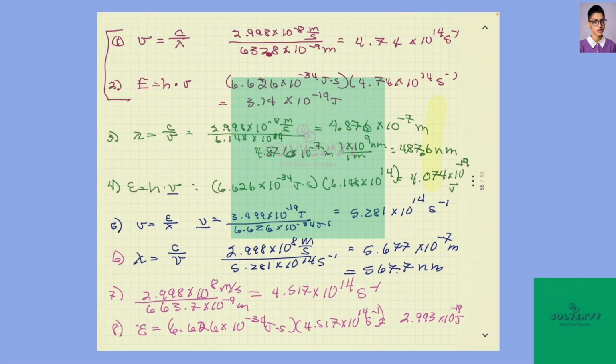Our frequency will be calculated by taking the speed of light divided by our wavelength, which I am converting to meters. So 632.8, and I get 4.74 times 10 to the 14th s to the minus 1.